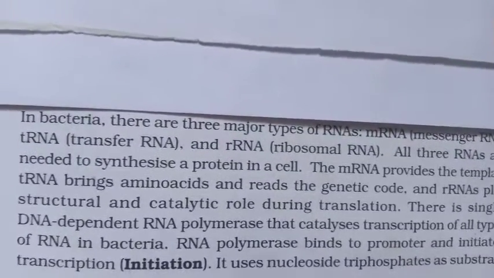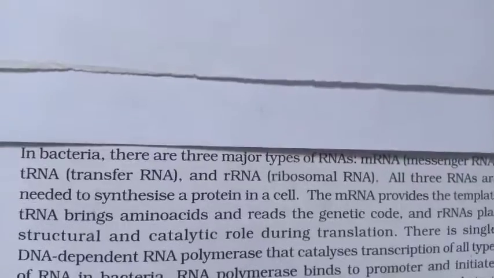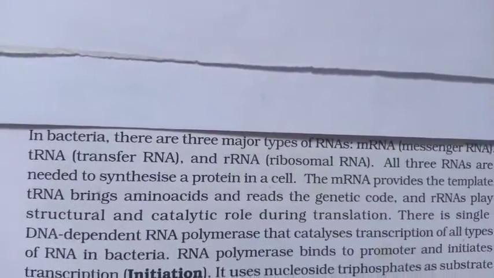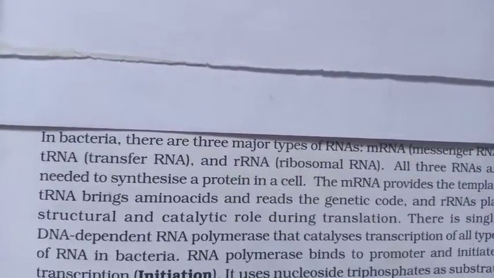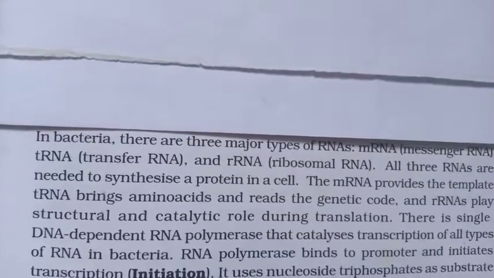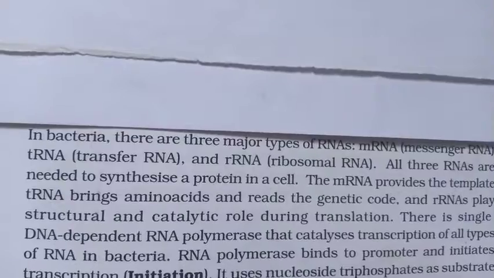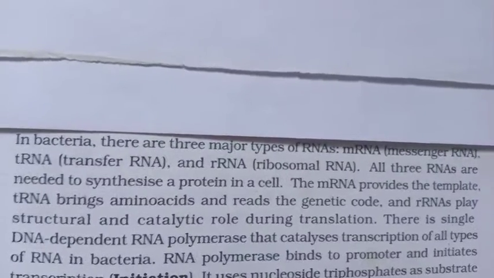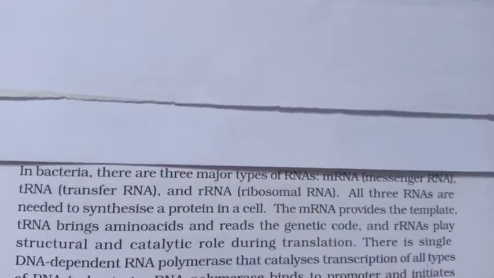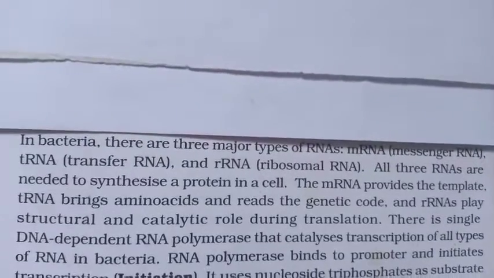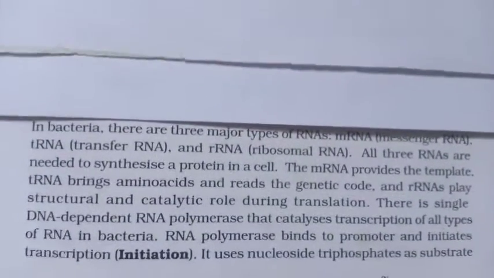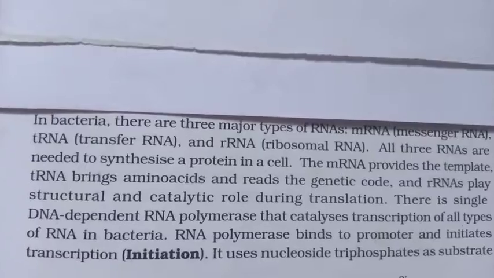That means the work is divided among the different types of RNA. Messenger RNA acts as a template, transfer RNA brings amino acids and reads the genetic code, whereas the ribosomal RNA, that is the rRNA, plays the catalytic role during the process of translation.